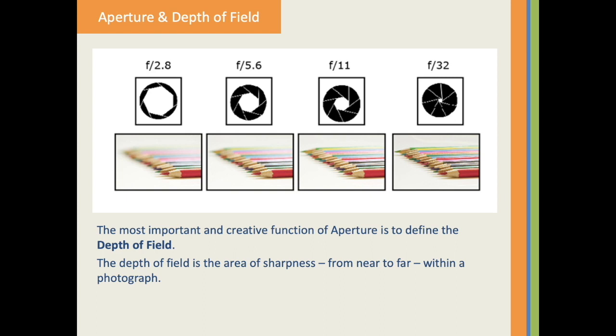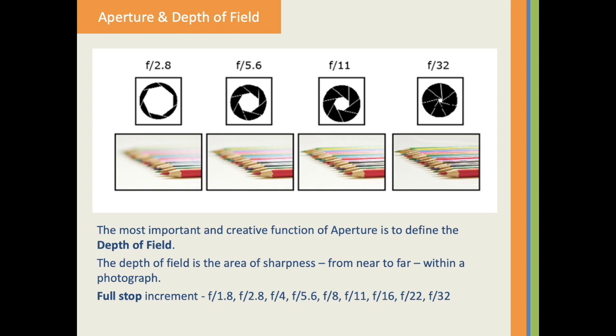So that's what aperture does creatively to your image. There is a very important concept that I want you to understand, which is the stop increment. So what is a full stop increment? It's when you move the dial in your camera and you change your aperture from f2.8 to f4, and then you go one stop up again, f4 to f5.6.